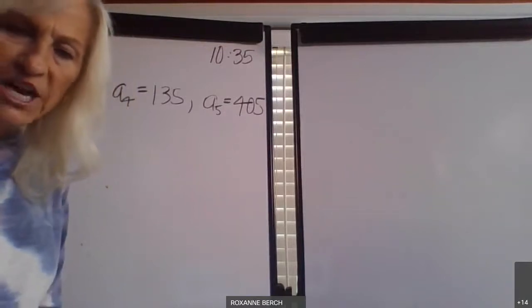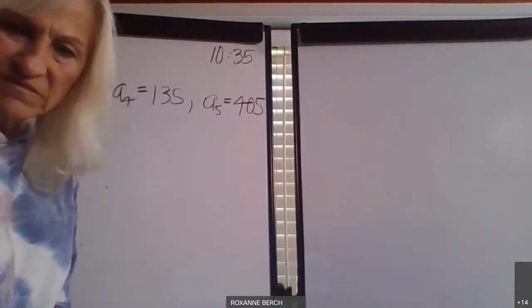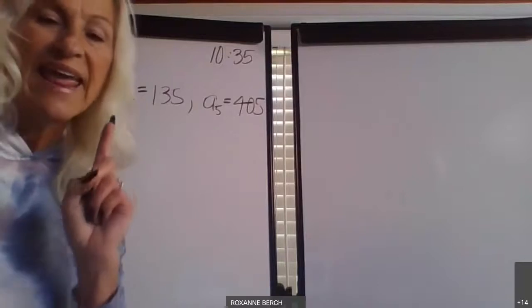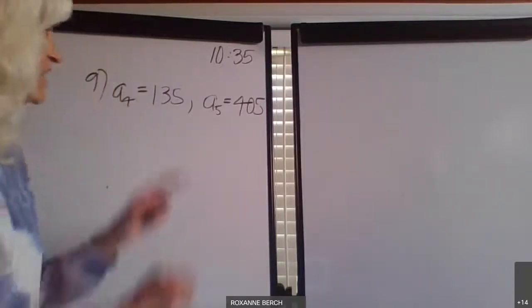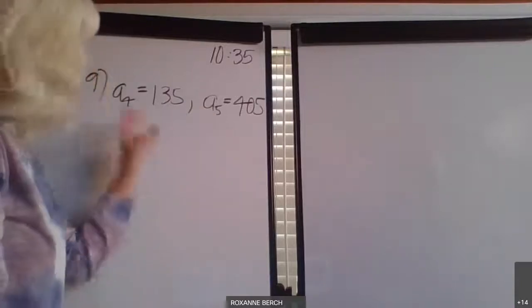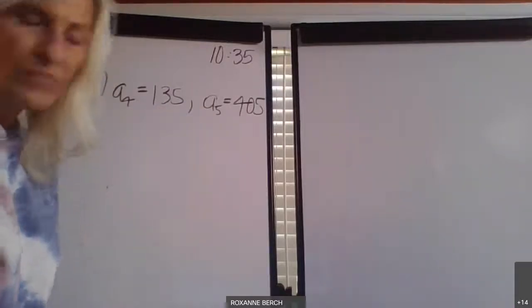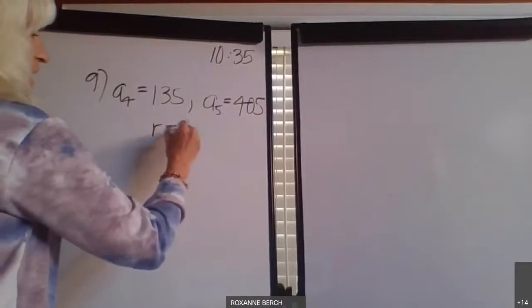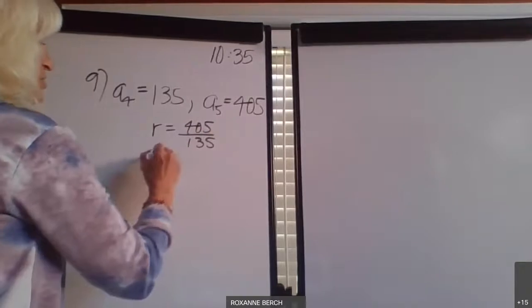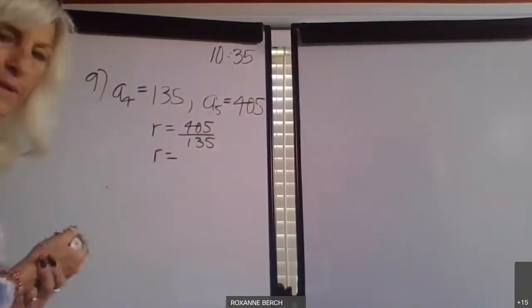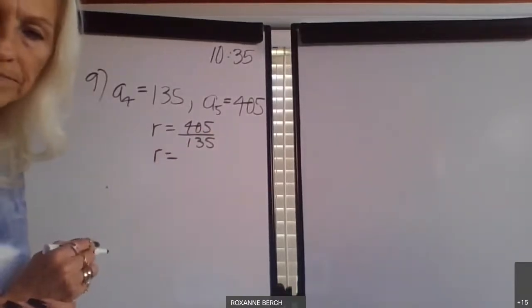You need the common ratio, you don't have it. But can't you find the common ratio? Look, aren't these consecutive? Isn't this position 4 and position 5? So can't you find the common ratio by taking 405 divided by 135, which is what? 3.